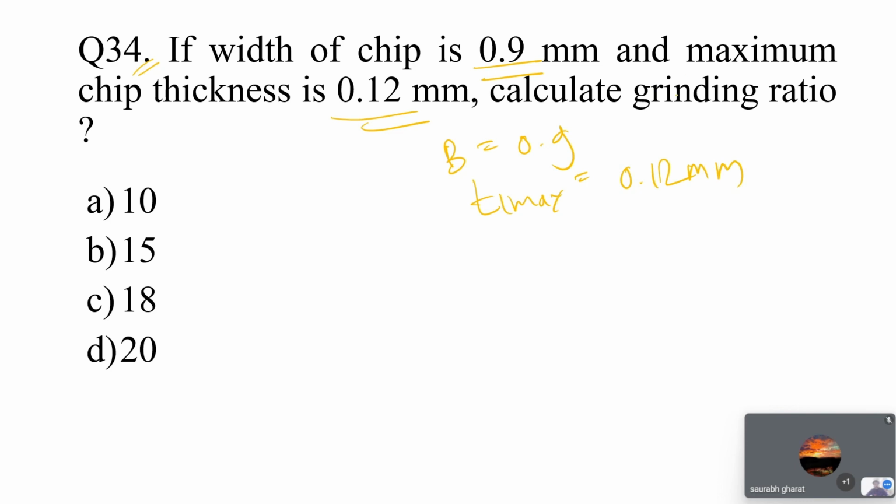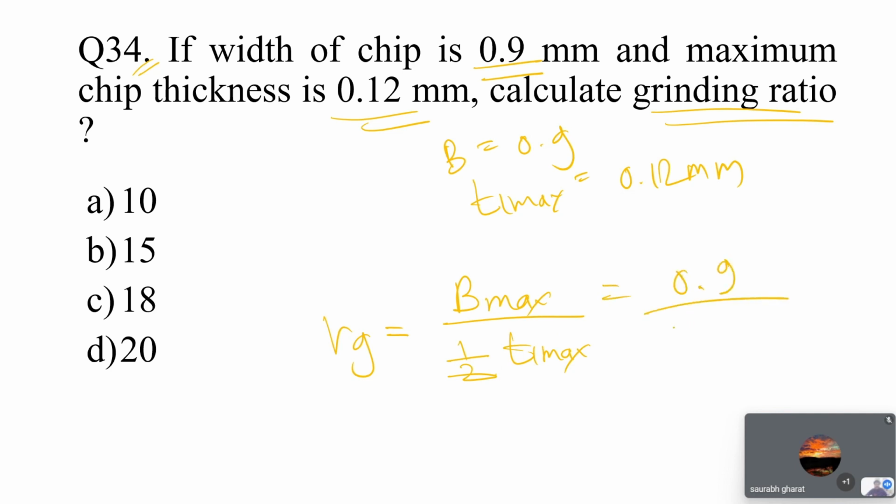What we want to find out is the grinding ratio Rg. Rg is equal to B divided by one half of t max, so 0.9 divided by 1 by 2 times 0.12.